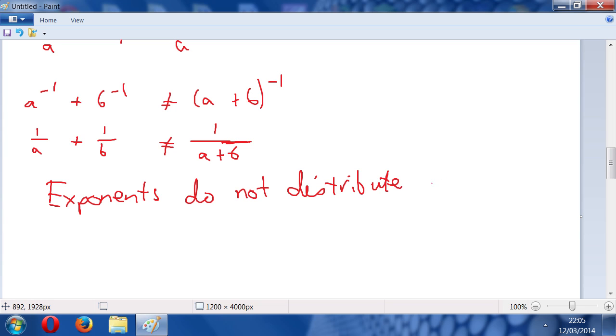Exponents do not distribute over a sum. The word sum is actually a very complicated word. Well, it's not a complicated word, but it's a complicated concept.